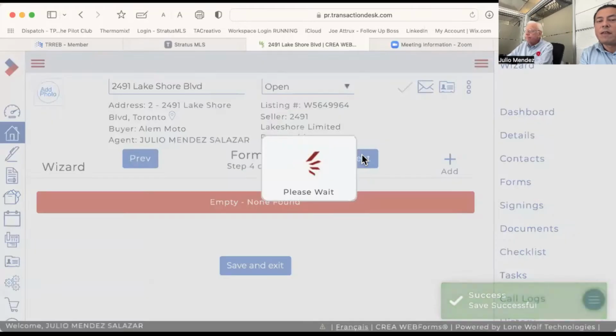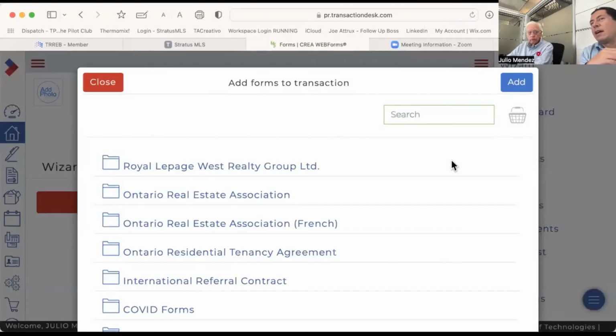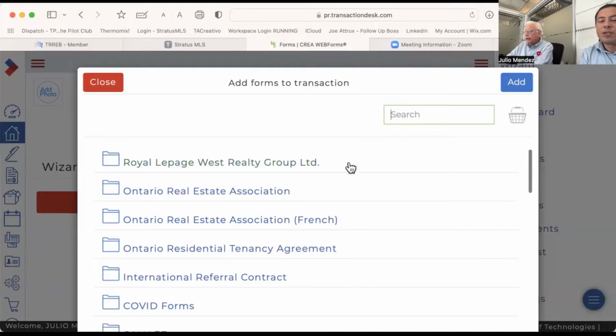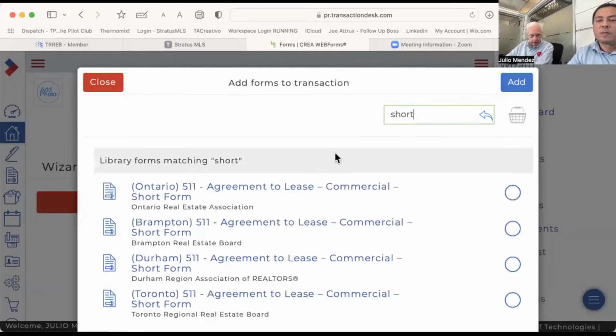So then we go to our forms, and let's say he has already signed a representation and is working with a commercial realtor. Right. So we're going to go to the short agreement to lease, not the lease agreement.